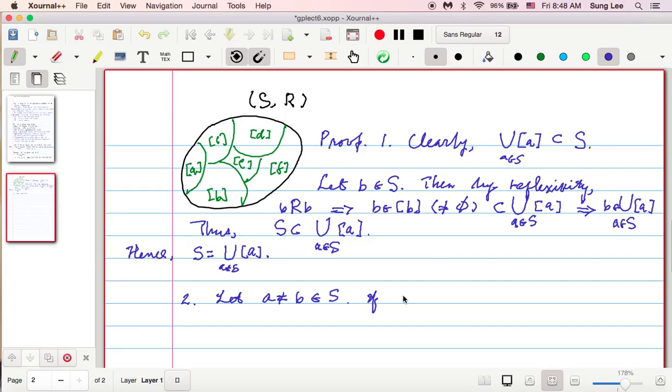Like I just said, if the equivalence class of A intersection the equivalence class of B is empty, so if these two are disjoint from each other, then we are done.